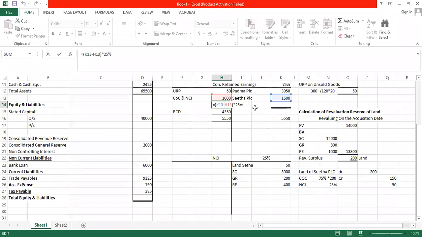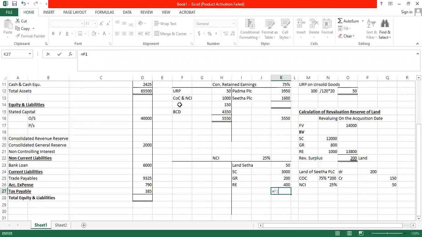In order to leave that 75% only in this account, we have to remove the rest of the 25%, which is owned by the minority or the non-controlling interest. That's why we remove that 150.